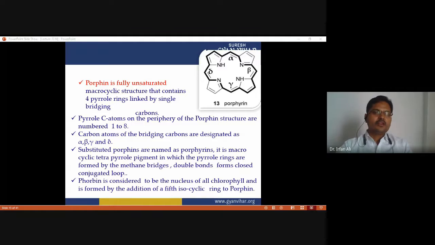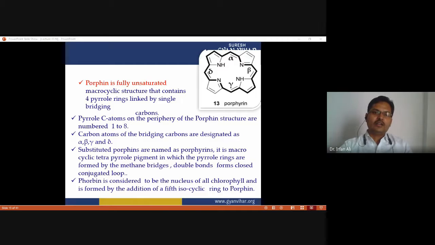Porphyrin is fully unsaturated and has a macrocyclic structure that contains four pyrrole rings. So this is one pyrrole, second pyrrole, third pyrrole, fourth pyrrole.